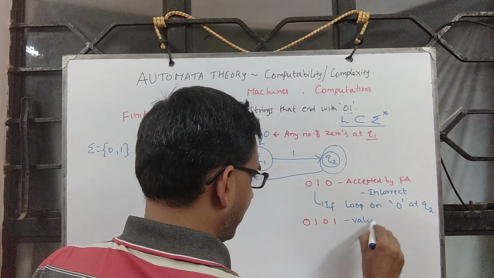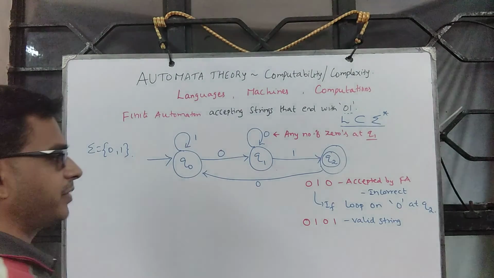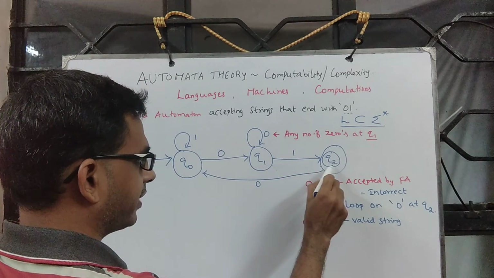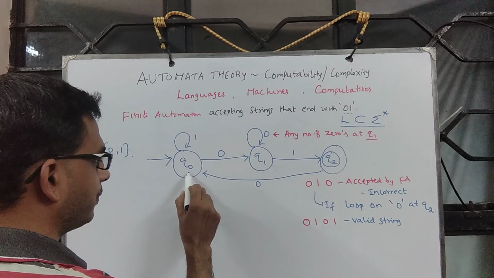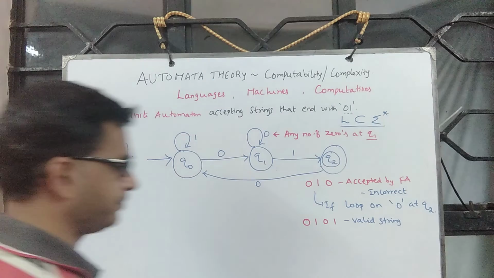It is a valid string, but is this accepted by the automaton? 0, 1, you are at Q2, then you read a 0, you come back to Q0, then you read a 1, so you are at Q0.